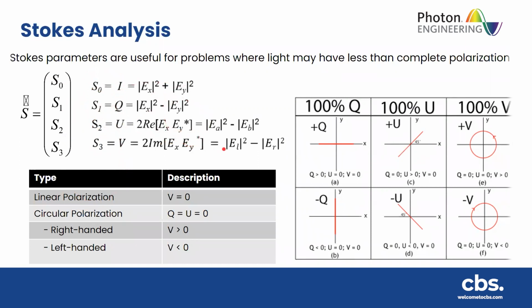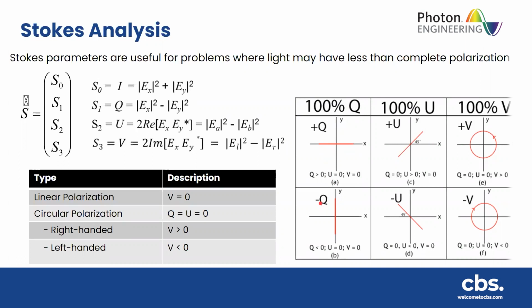And we calculate them such that once we calculate these individual quantities, basically the EX, EY, and so on, we can understand quite simply from the values obtained how much of the beam is in a certain state. For example, if the result of these equations is that we get 100% Q, in other words, Q is exactly the same as I, which is just the total power, it is linear polarization along the X direction.